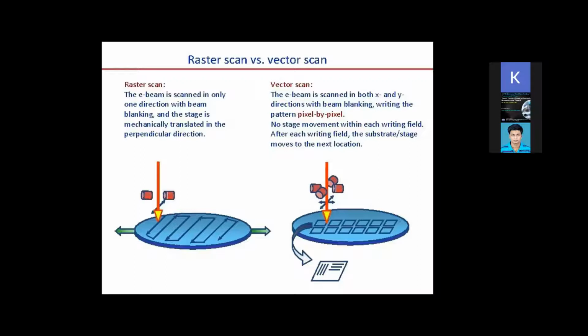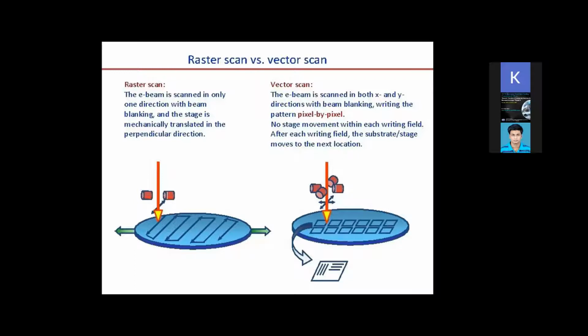Then there will be beam blanking, and the stage will move perpendicular, and again the e-beam will scan in the x direction. So it will scan first, there will be beam blanking, the sample will move mechanically or be translated, then again there will be another scan in the same direction. This is called raster scan.